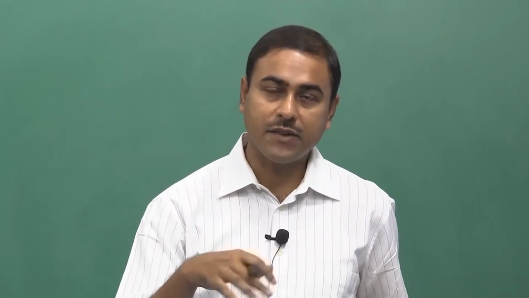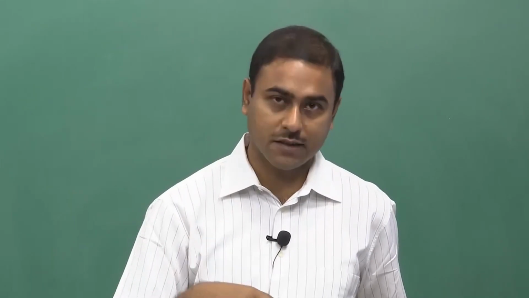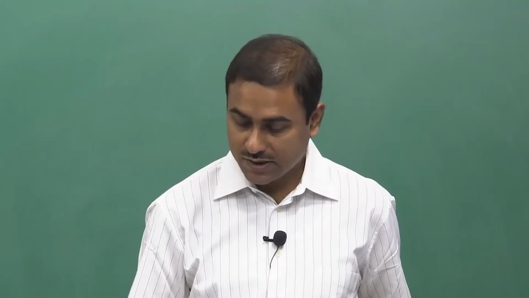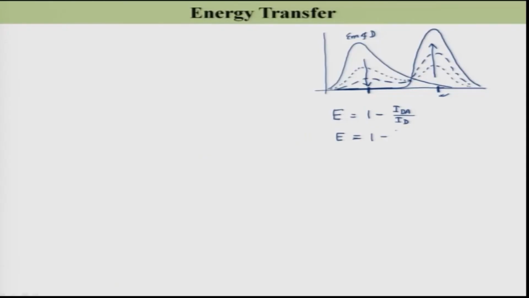So, the fluorescence lifetime will also change. That means I can write this efficiency as 1 minus tau dA divided by tau d. Here tau d is the lifetime of the donor in absence of the acceptor, and tau dA is the lifetime of the donor in presence of acceptor.